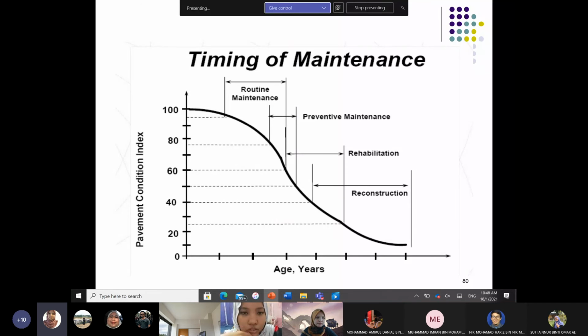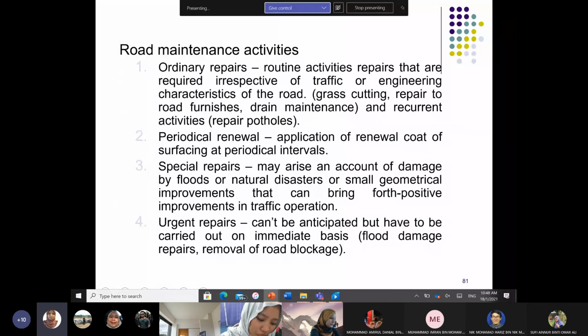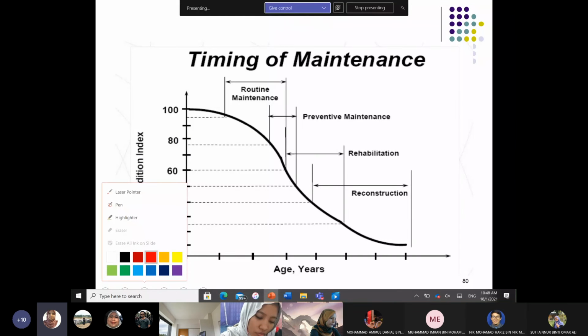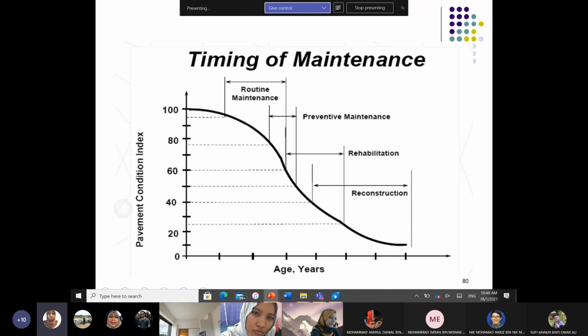So rehab works ni biasanya kalau you tengok dia punya thickness dia untuk rehab works, it is more than 100 mm depth. Okay, proses untuk rehab work, dia punya treatment melebihi daripada 100 mm ketebalan jalan tu.